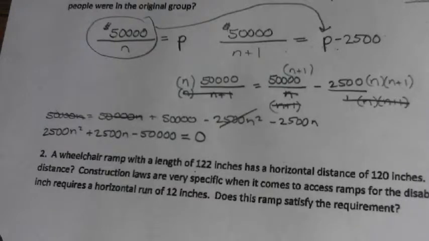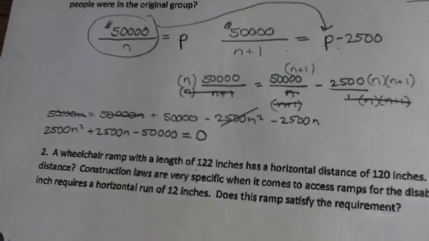So let's use some strategies here to make our life easier. What can I do that will hugely simplify the issue here? Yep. Can't you divide everything by 2,500? Divide everything by 2,500, exactly.